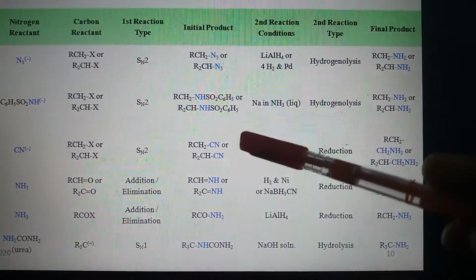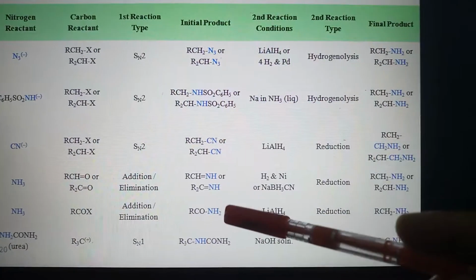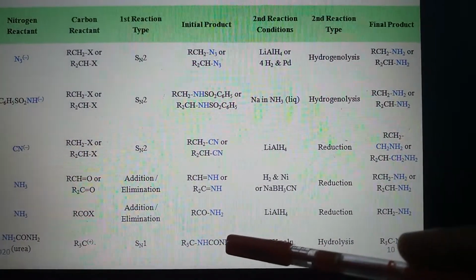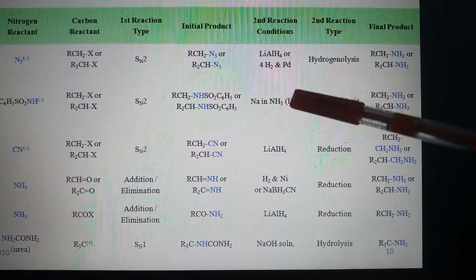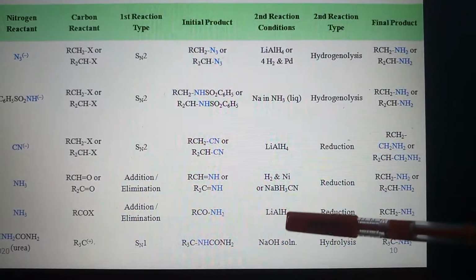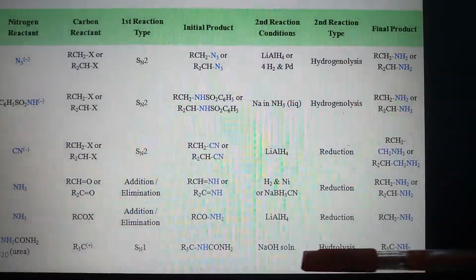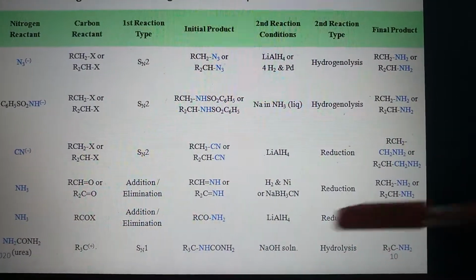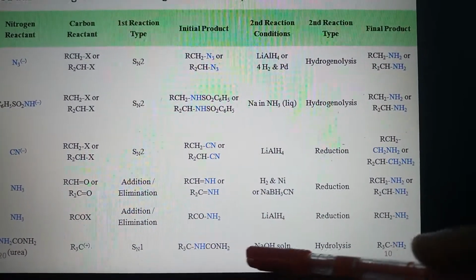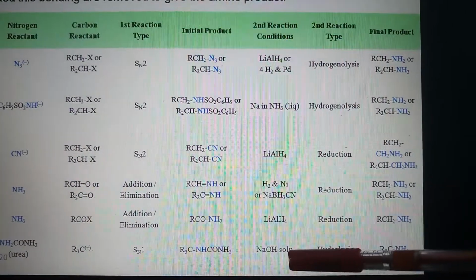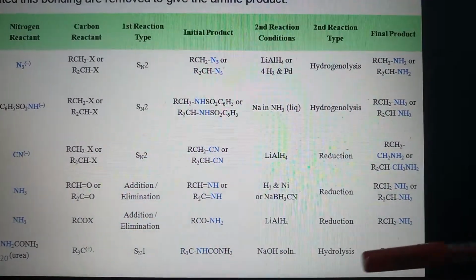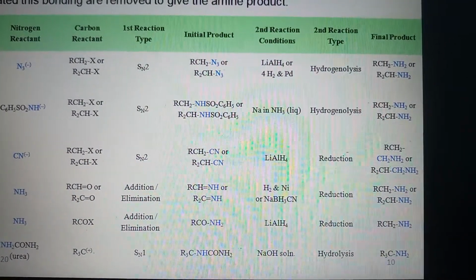You can see in each case, here are the initial products, and by reduction with a reducing agent we will get the final product. But in the case of the last example, it is a hydrolysis reaction giving the final product.